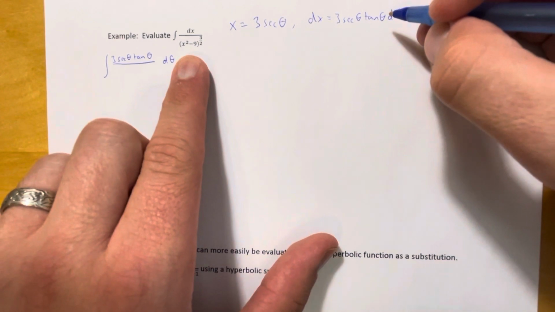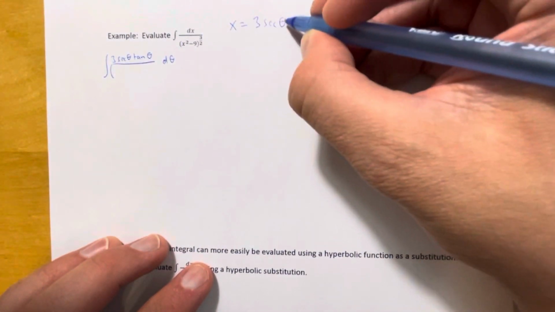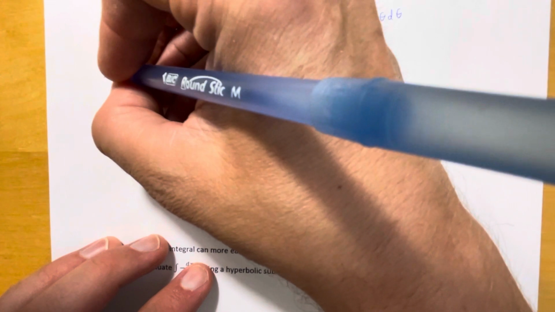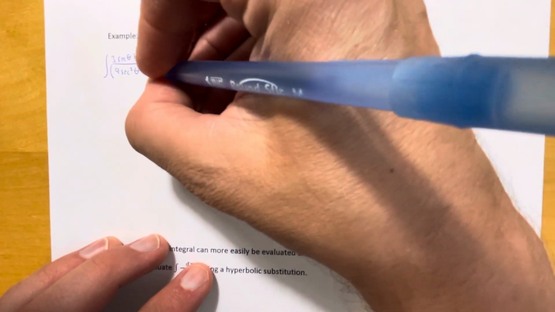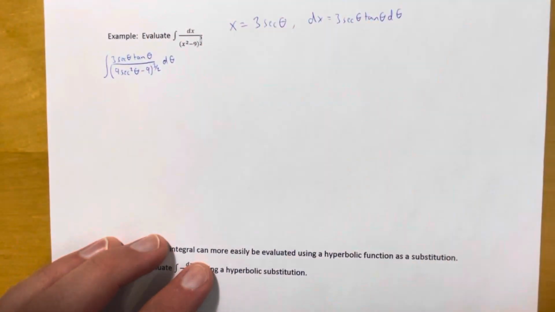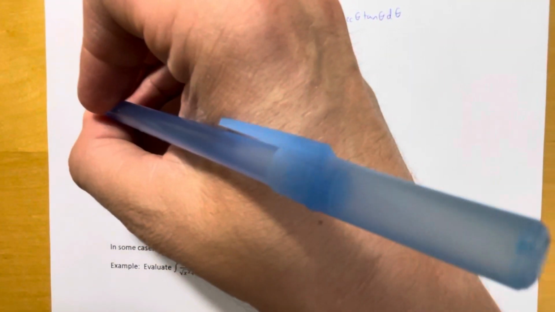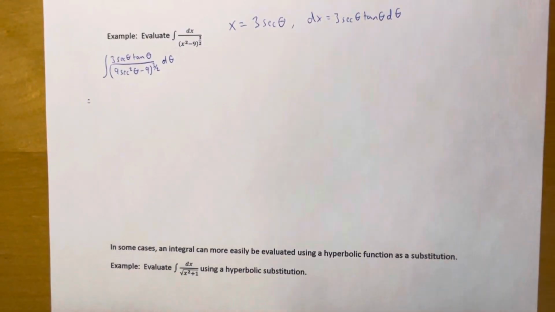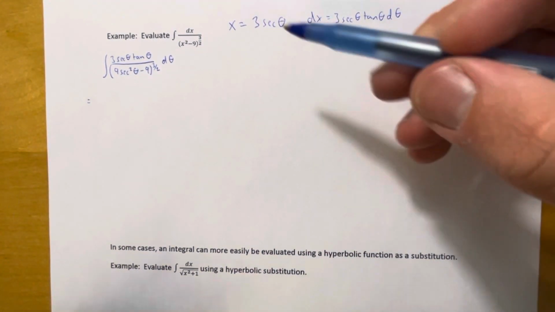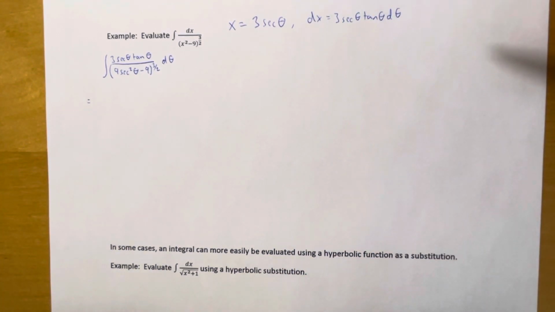And then my denominator is going to become, so this x squared is going to become 3 secant theta all squared, which really is 9 secant squared of theta when I square everything, minus 9 to the 3/2 power. Okay? Now I can do a few things here to simplify. And you may notice by now, I tend to skip some of the smaller steps in these integrals because if I didn't do that, they would take much longer than they already do. So there's a certain amount of this that I'm doing mentally.